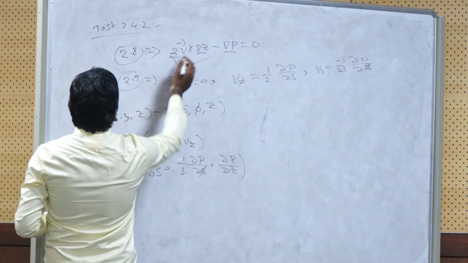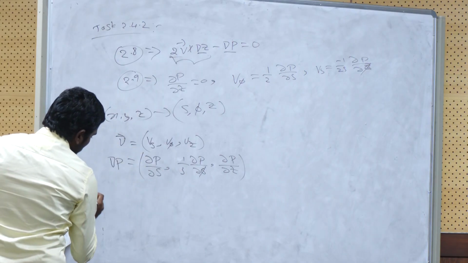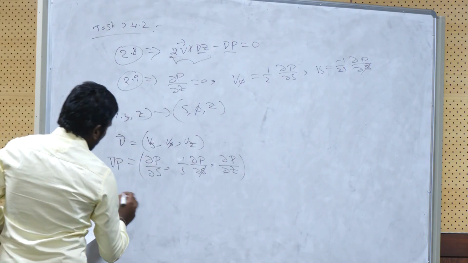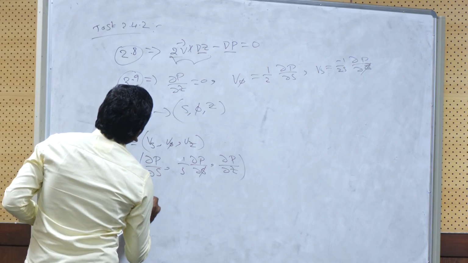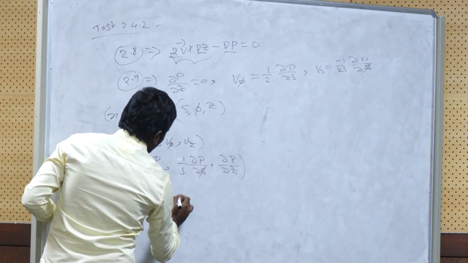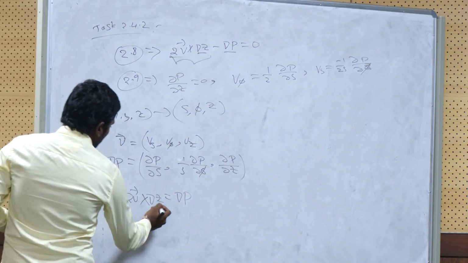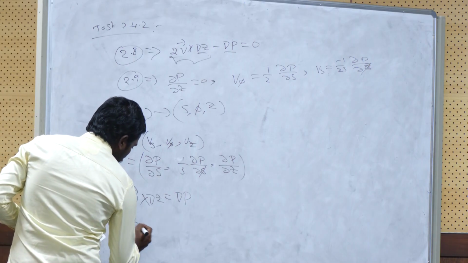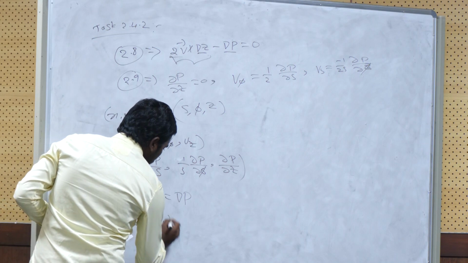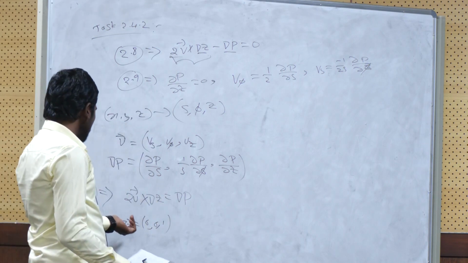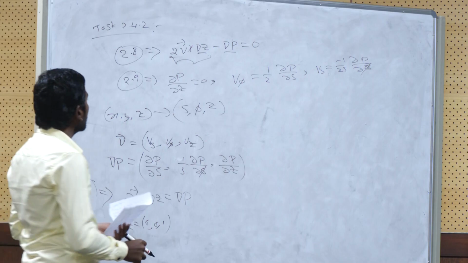Okay, let's rewrite this system 2.8: 2v cross del z equal to del p, where the vector del z is 0, 0, 1. This is the unit vector.